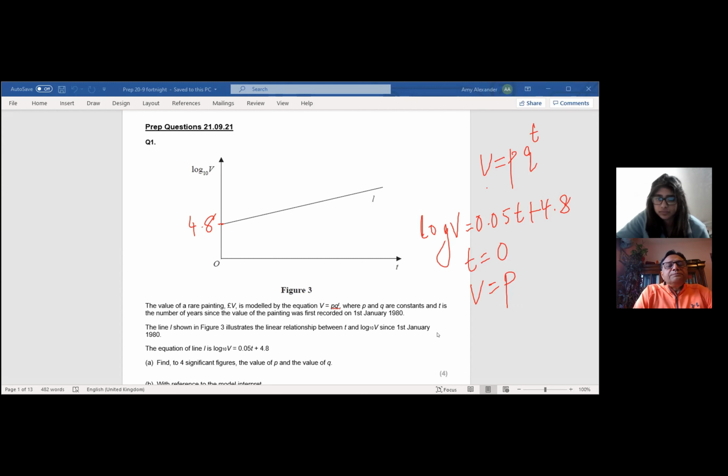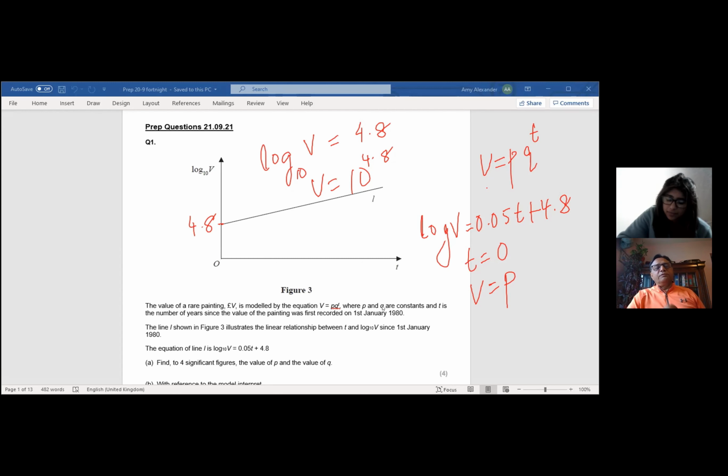That means log to the base 10 of V, we know, is 4.8, correct? So at T equals 0, V is equal to 10 to the power of 4.8. The initial value of this graph is 4.8.